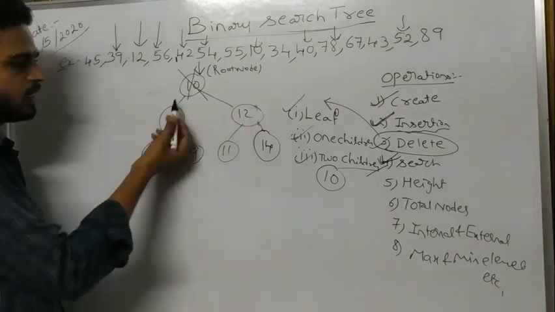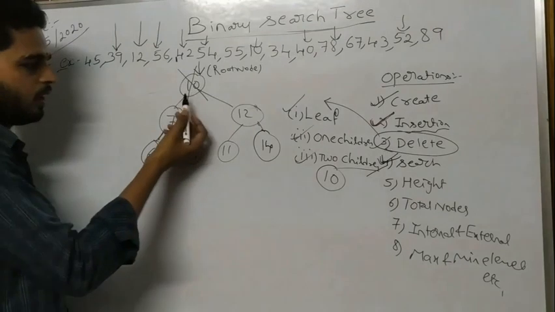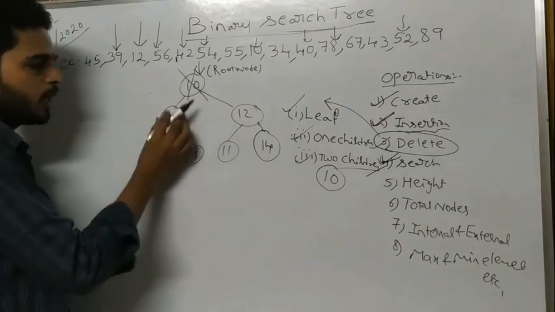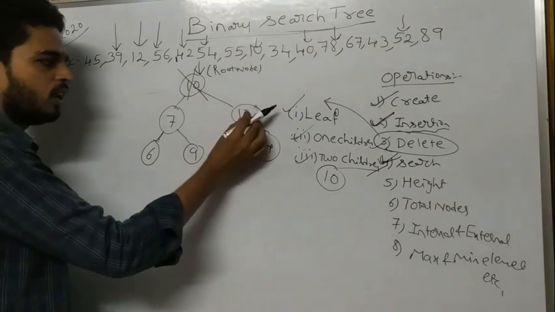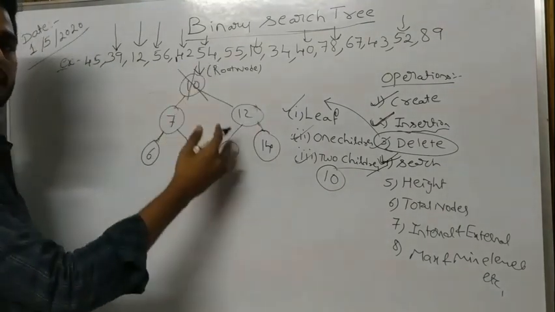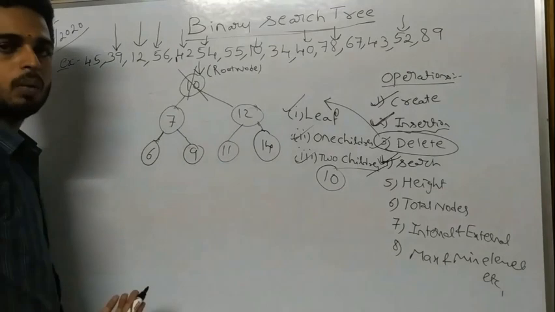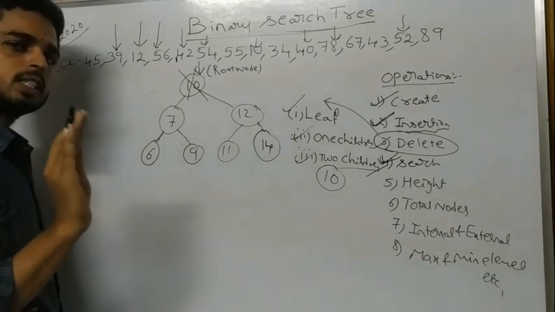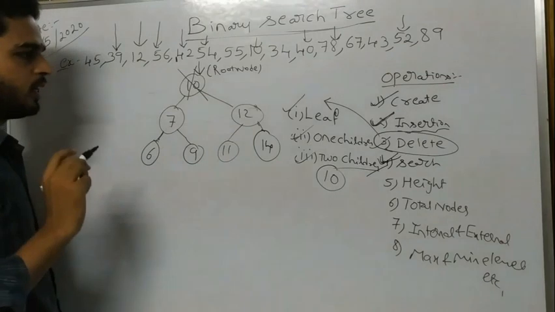If I take this 7, meaning that I delete this node 7 and place it here, I need to make modifications here. Or if I take this node 12, I need to make a copy here and modify all this. If the tree is of height n, then there is a huge problem. So you need to make the modification efficient.